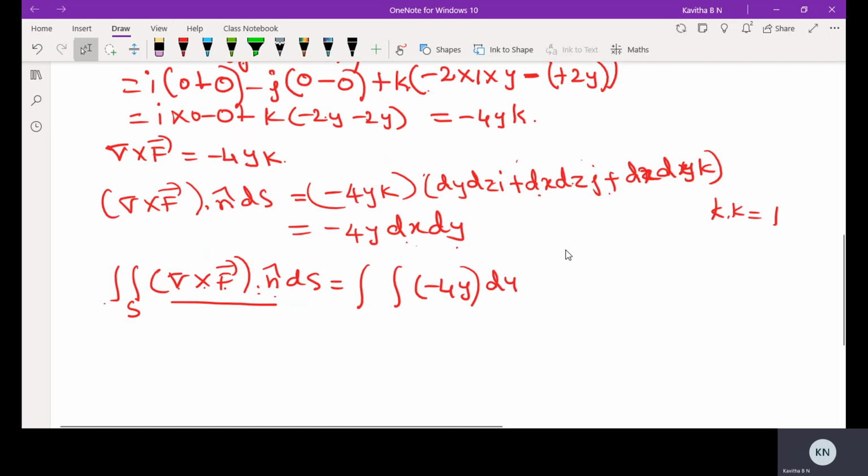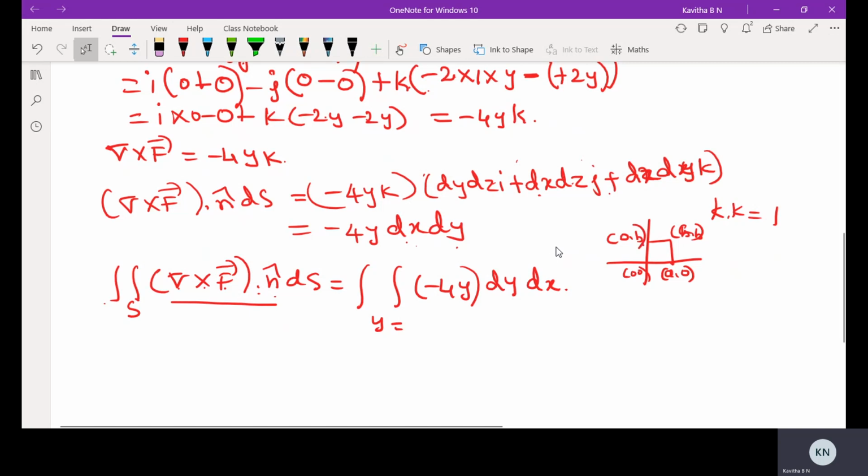We have to write y in variable form. The diagram is this type: 0, 0, then a comma 0, here a comma b, and here 0 comma b.